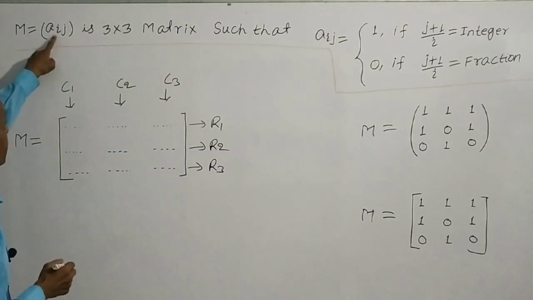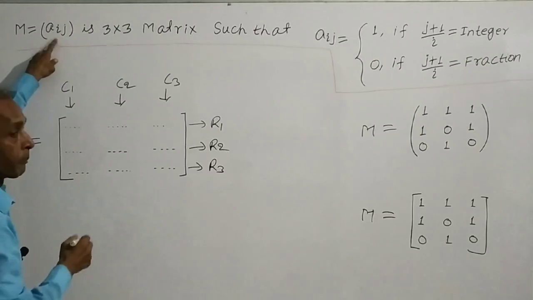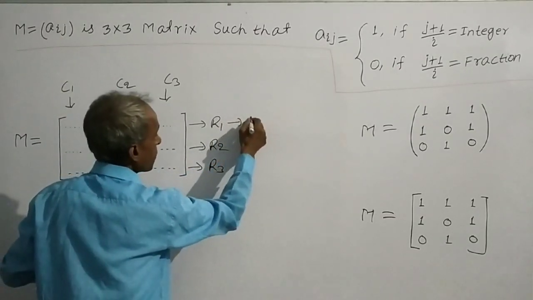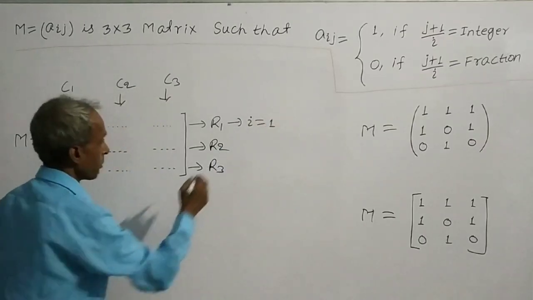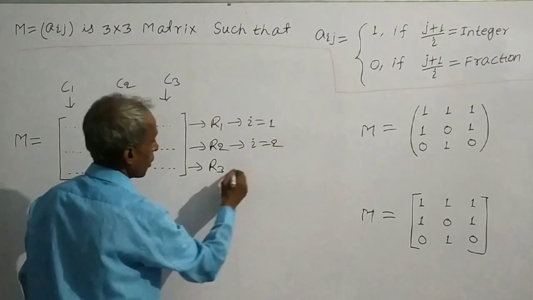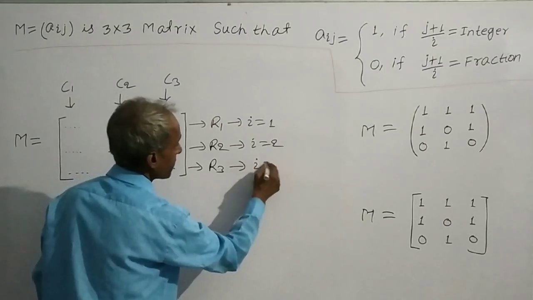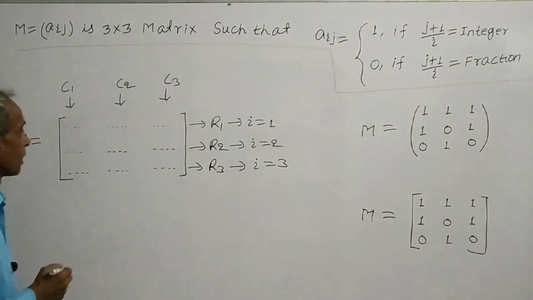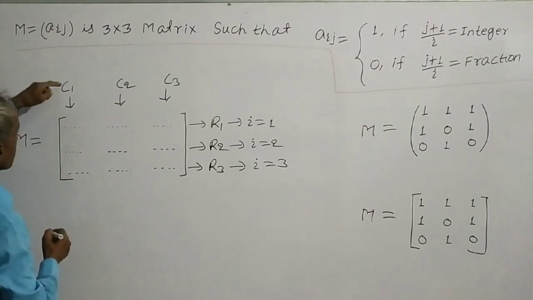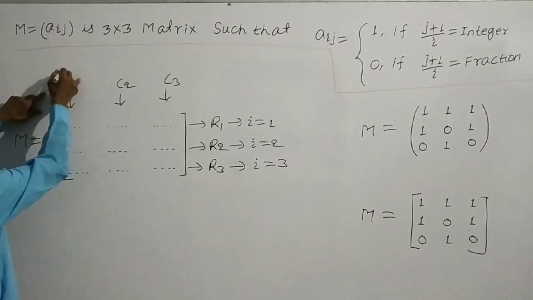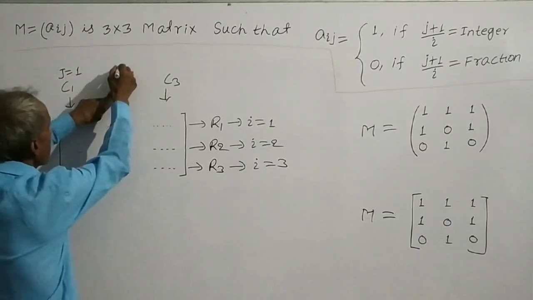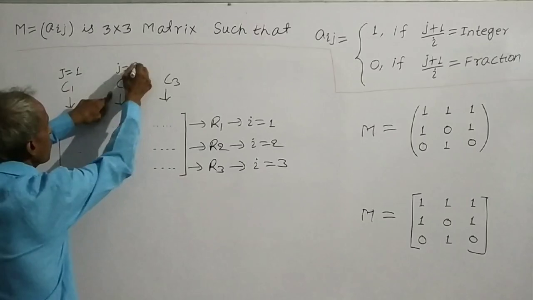In Aij, i is the row number. For the first row, i is 1. For the second row, i is 2. For the third row, i is equal to 3. J is the column number. For the first column, j is 1. For the second column, the value of j is 2.